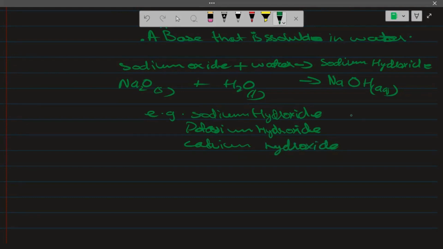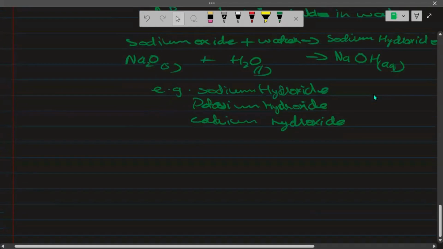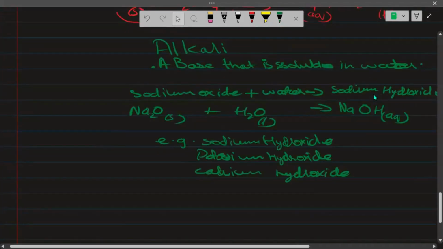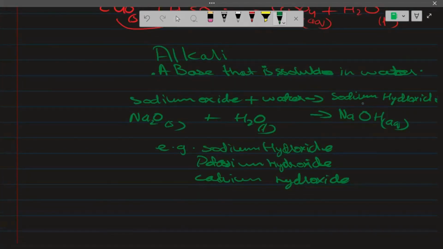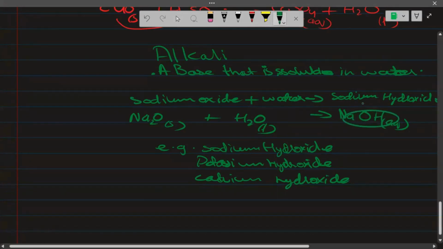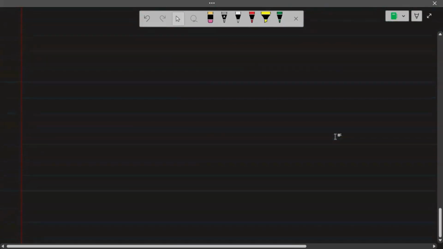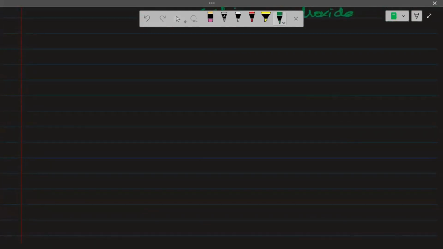Basically, an alkali is a substance that produces hydroxide ions, OH negative ions, in aqueous solution. When a base mixes with water, it produces OH negative ions. Can you see these OH ions? So it produces OH ions when it dissolves in water. Let me write this definition. An alkali is a substance that produces hydroxide ions, OH negative ions, in aqueous solution.